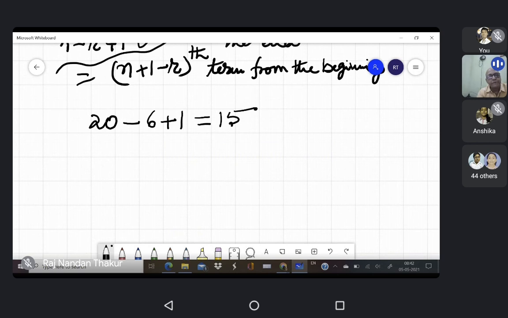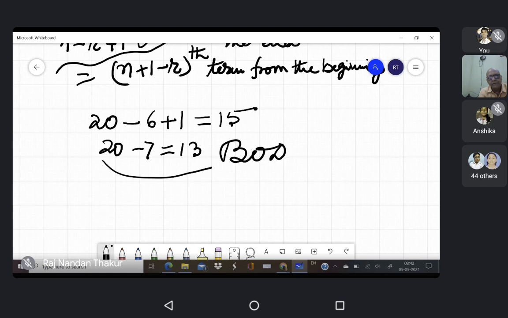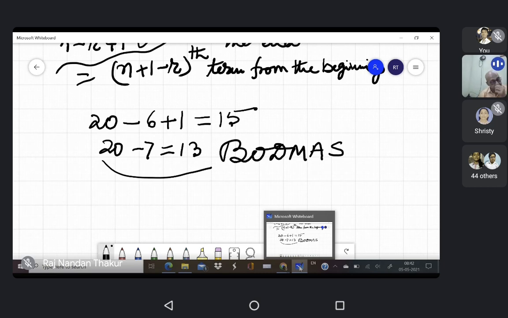But many of you may be thinking it is 20 minus 7 and that is 13. Anyone thinking like this by BODMAS rule? Please tell me honestly. Yes, sir. If you think so, then you have not understood BODMAS rule properly.